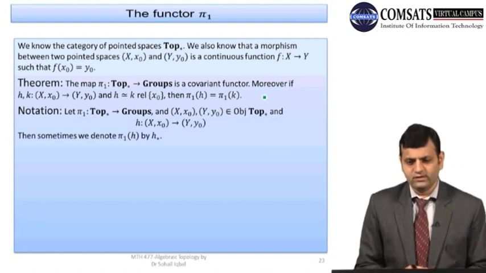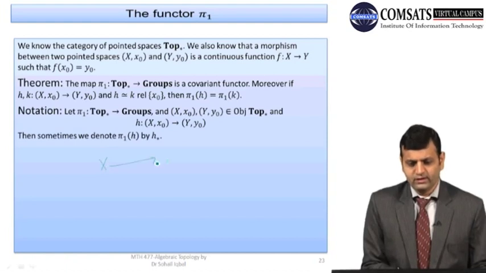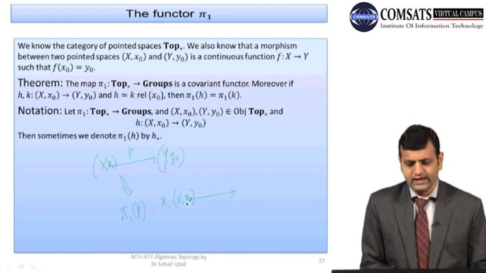Before going to the main result, let us recall this functor pi1. This functor is a covariant functor, so the only thing we are going to need over here is that if we have a continuous map P between two pointed topological spaces x naught and y naught, then there is a map pi1 of P from the fundamental group of x based at x naught, the set of all homotopic loops based at x naught, to the fundamental group of y naught.